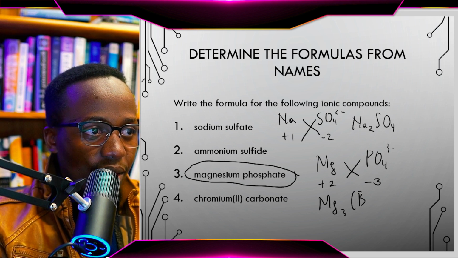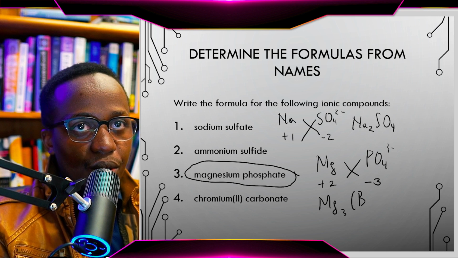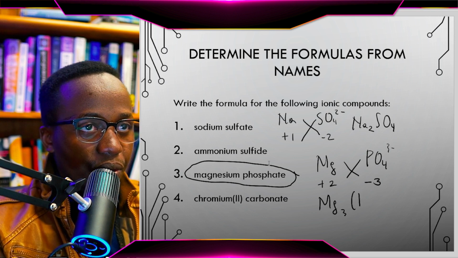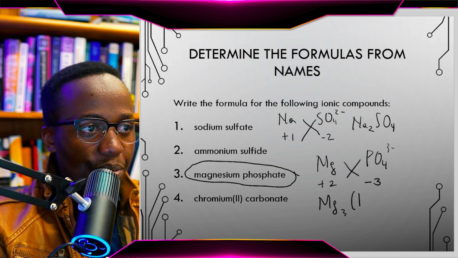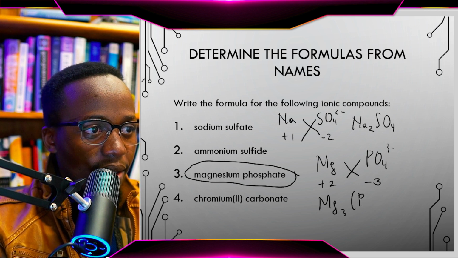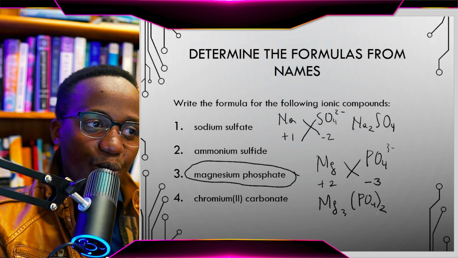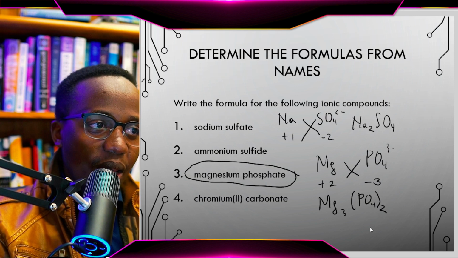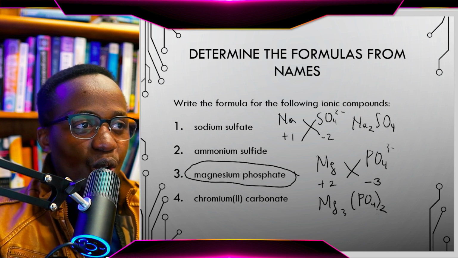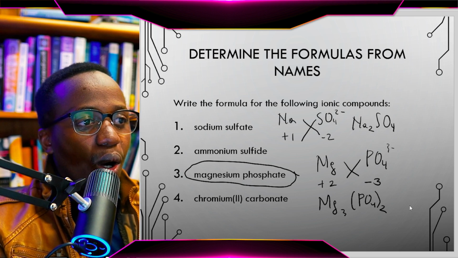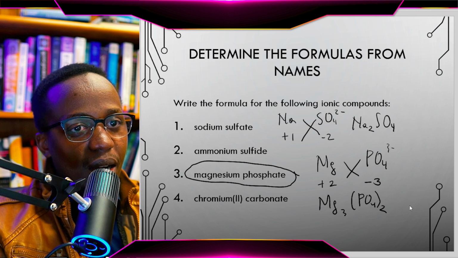It gets 2. So phosphate, PO4, gets 2. That's magnesium phosphate. Has to have a 3 there and a 2 there. So now you know where all of these weird numbers come from.